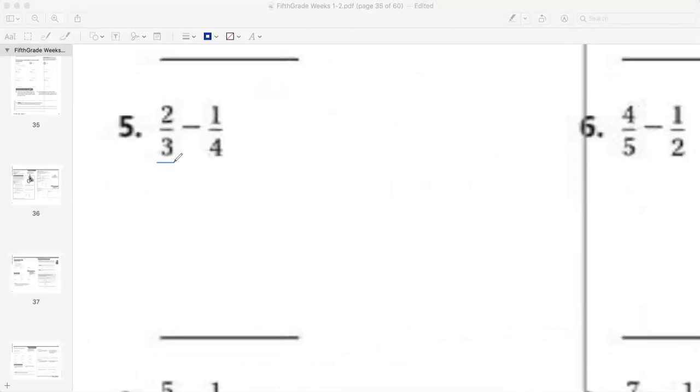So if we look, 3 and 4 have different denominators. So I have 3, 6, 9, 12. Down here I have 4, 8, 12.